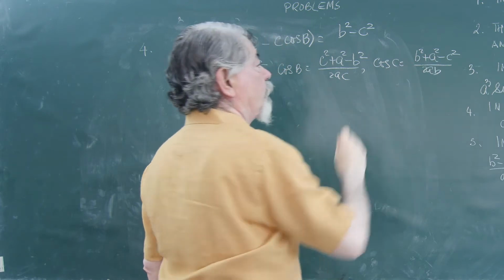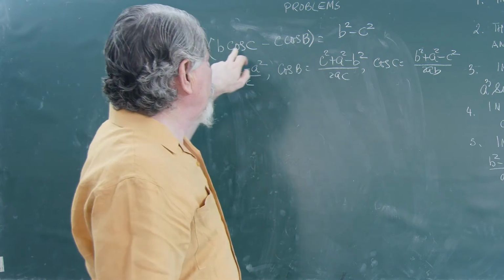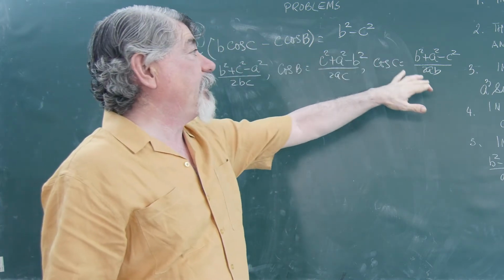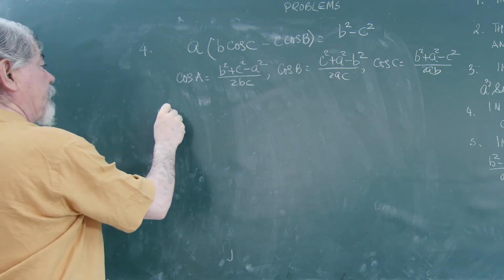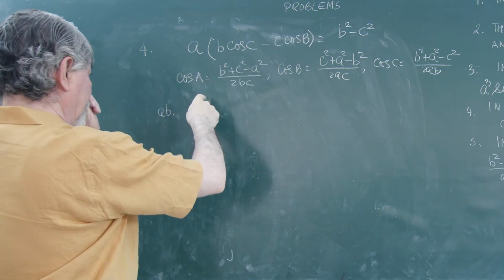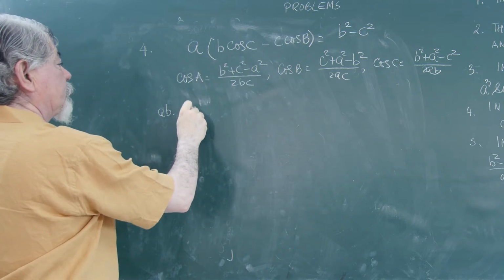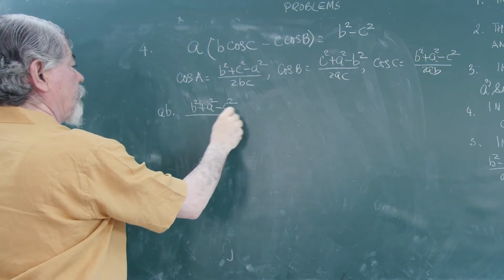Whichever you want to use, I am going to use cos C and cos B. In place of cos C and cos B, I'll write their values. So I'll write a into b cos C, taking a inside: ab into cos C, and cos C means b square plus a square minus c square upon 2ab.